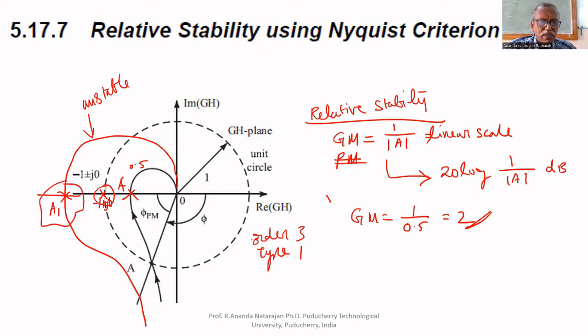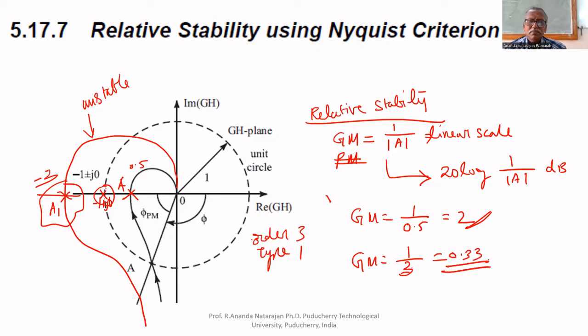The gain margin will be less than 1 because A is greater than 1. Let us assume that it intersects at -3. Therefore, gain margin equal to 1 by 3, modulus of A. That is 0.33.